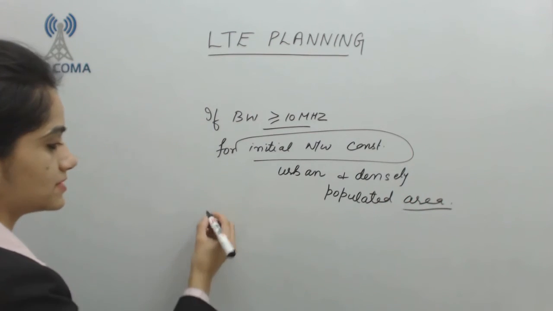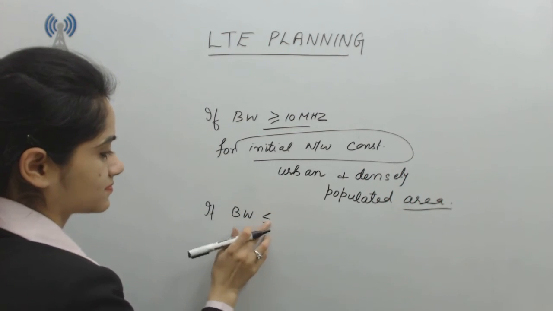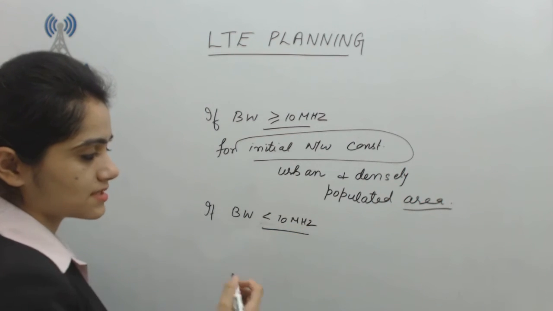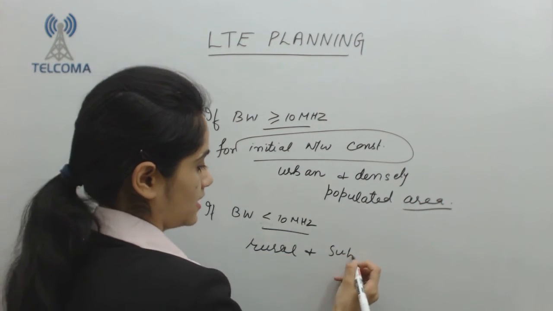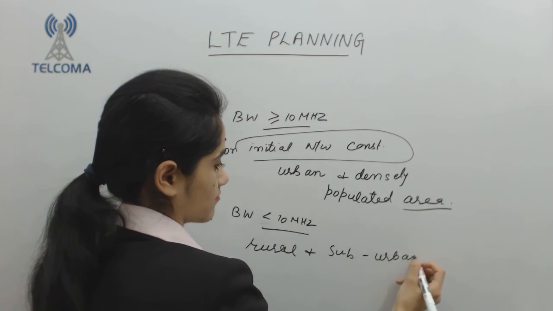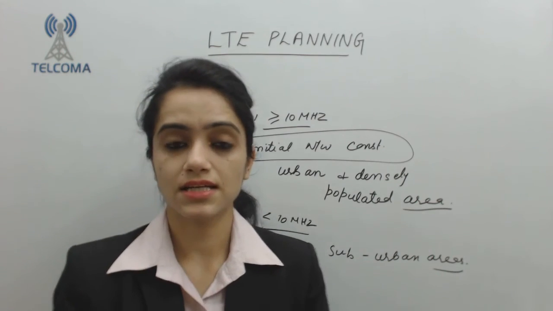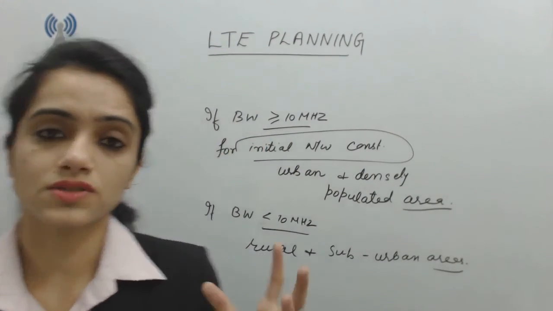But what happens if my bandwidth is less than 10 megahertz? Then I can use this concept in rural and suburban areas so that network construction cost will be less.